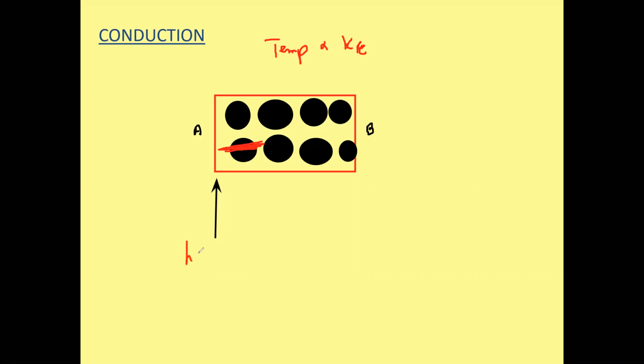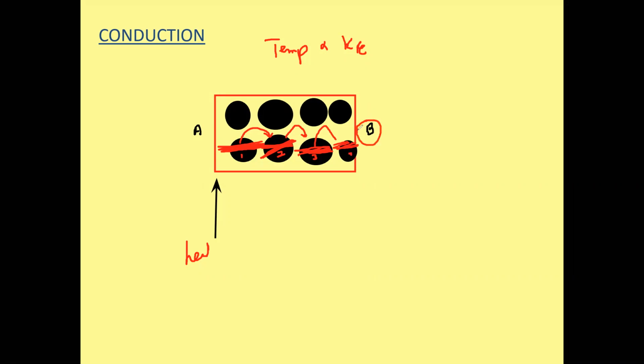When we supply the heat energy, say this is particle 1, it will vibrate at a higher speed. When it vibrates at a higher speed, it will collide with another particle and cause particle 2 to vibrate as well. Then particle 2, as it vibrates, causes the other one to vibrate, and then it collides with the last particle, the fourth one.